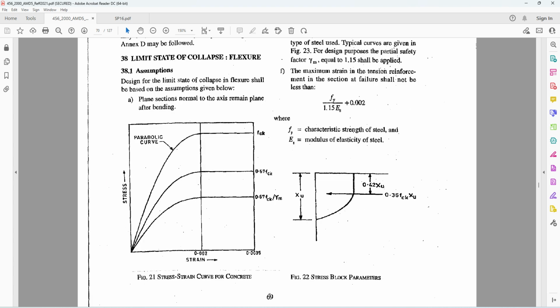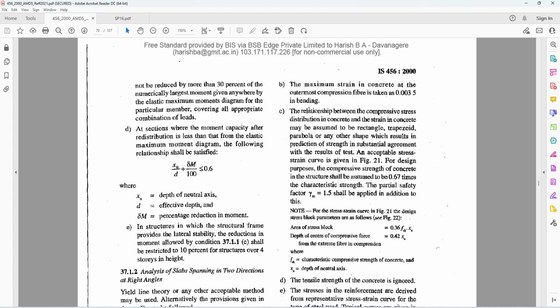See here in page number 69, you have the assumptions for limit state of collapse in flexure. Out of which one of the assumptions is the maximum strain in concrete at the outermost compression fiber is taken as 0.0035 in bending.